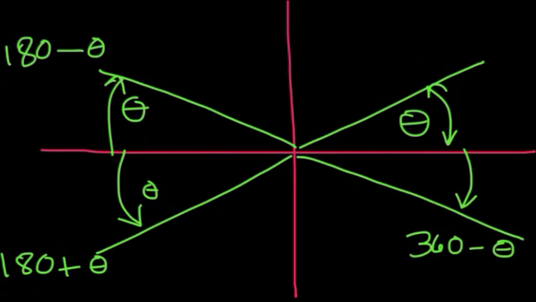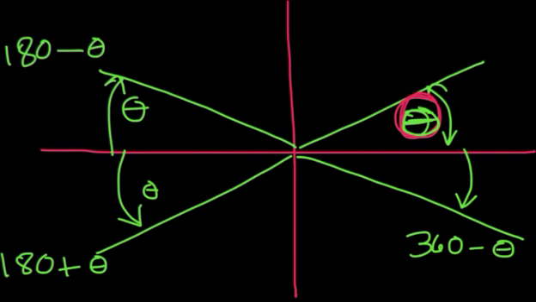The important thing to note here is that we are always measuring in each quadrant the angle with respect to the horizontal. Now, my terminology is that this angle here in the first quadrant, I call that the characteristic angle. That's the angle that really designates what happens in each quadrant.